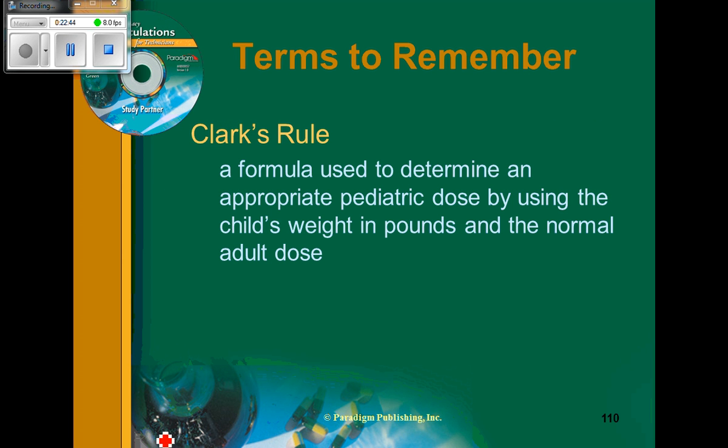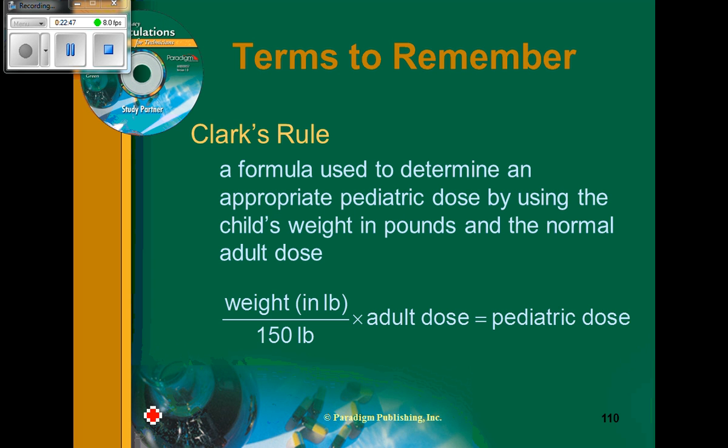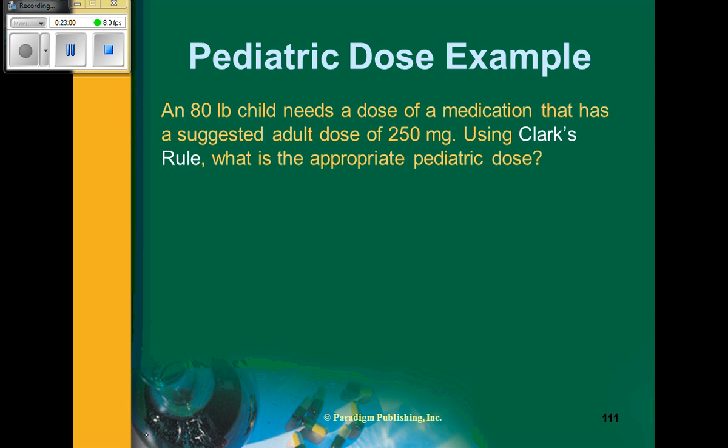Clark's rule, of course, is a formula used to determine an appropriate pediatric dose by using the child's weight in pounds and the normal adult dose. So it's weight in pounds divided by 150 pounds times the adult dose equals the pediatric dose. So if you had an 80-pound child that needs a dose of medication that has a suggested adult dose of 250 milligrams, using Clark's rule, what is the appropriate pediatric dose?